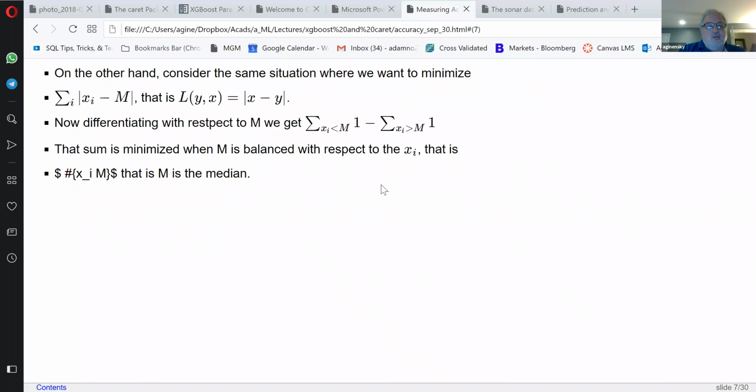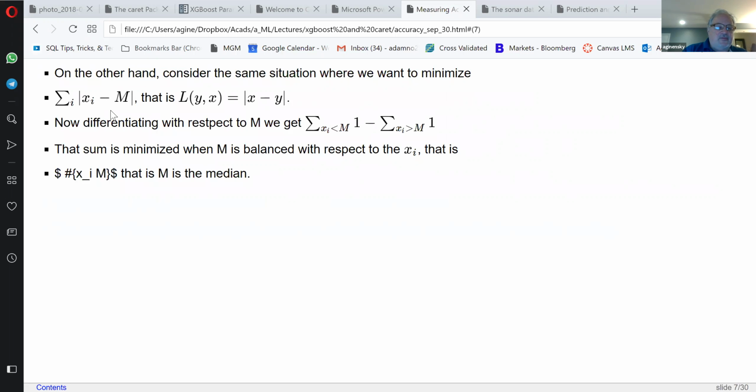But what if, instead of the squares, you use the L1? In other words, you want to find the m that works best when you're looking at the absolute value of xi minus m. Now, when you differentiate this, what's going to happen? Well, we can certainly eliminate the cases where xi equals m, because that's just contributing 0 to the sum, so it doesn't matter. So you have two cases, either xi is bigger than m or xi is less than m, right?